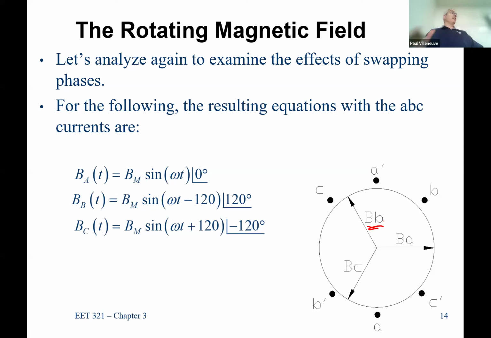Same thing for C. C was going up. Now we point, and it ends up going down. So before, this was minus 120, and this was plus 120. Now our resulting magnetic field directions have changed. A hasn't changed at all. It was at an angle of 0.